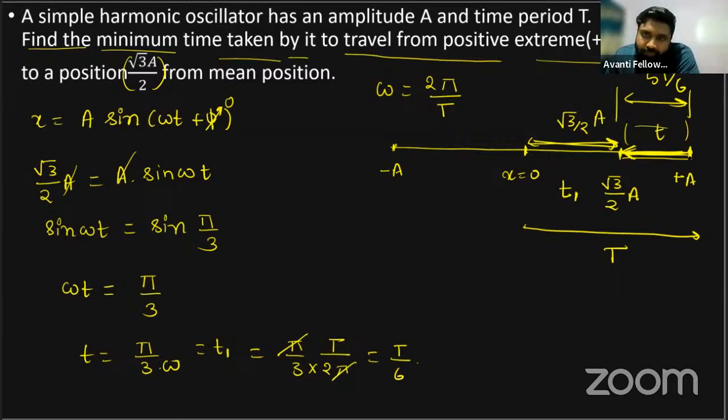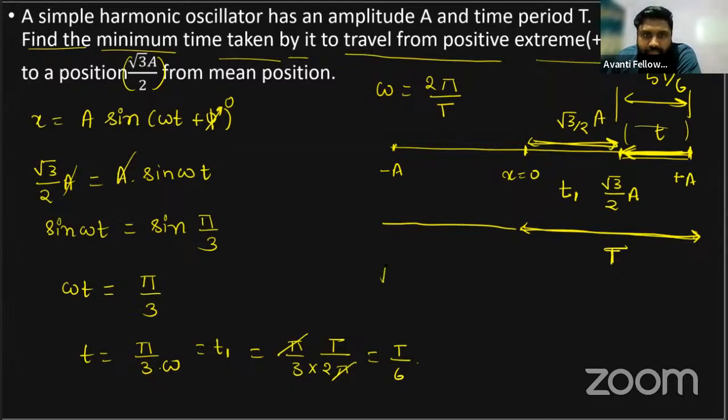Again, if it is moving from plus A to root 3A by 2, how much time will it take? The same amount of time it will take. And again, if it's reaching from root 3 by 2 A to x is equal to 0, T by 6 time it will take. Now, this is T by 6 and this is 5T by 6.